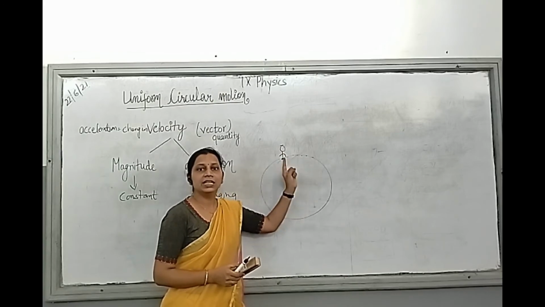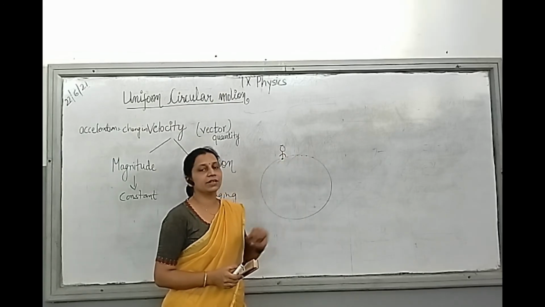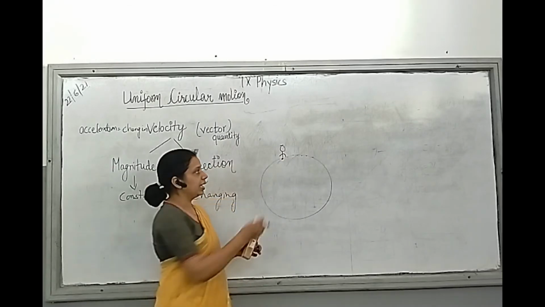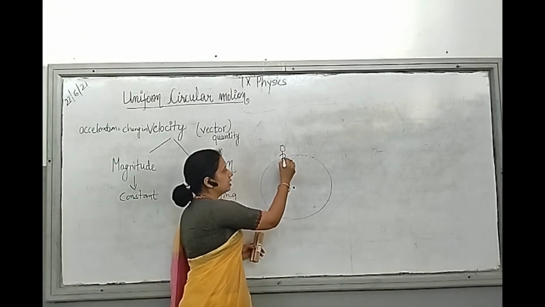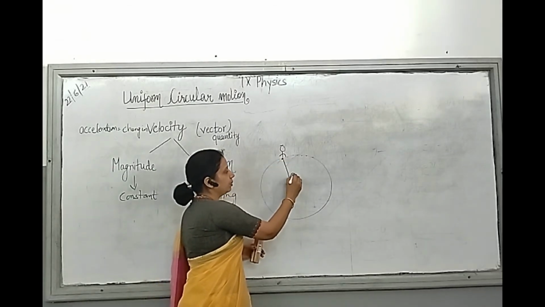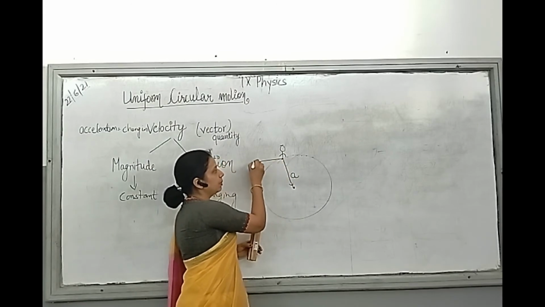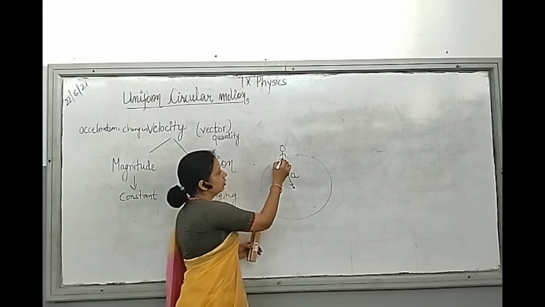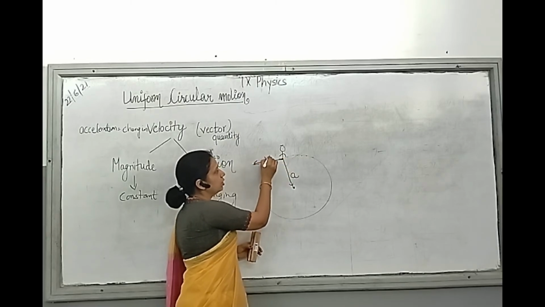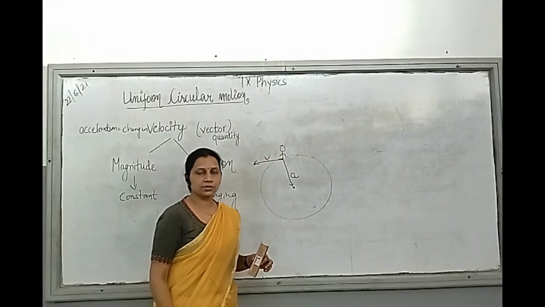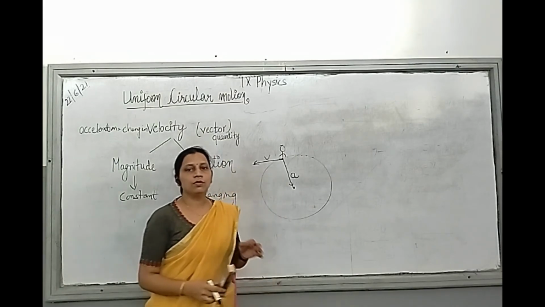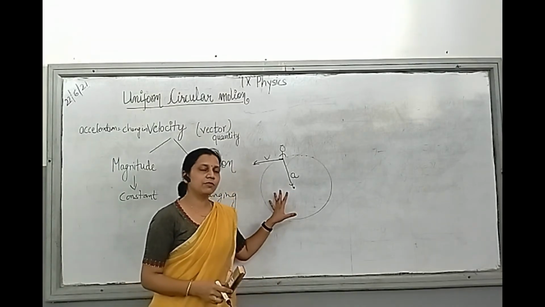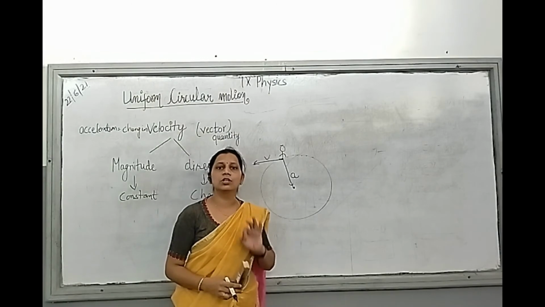So in circular motion, at each and every point, speed is constant, but direction is changing. That's why this boy is accelerating at every point. And this is the center, so the acceleration direction will be towards the center, perpendicular to the velocity direction. It's not exactly looking perpendicular because this is not a circle. And this type of motion is known as uniform circular motion.